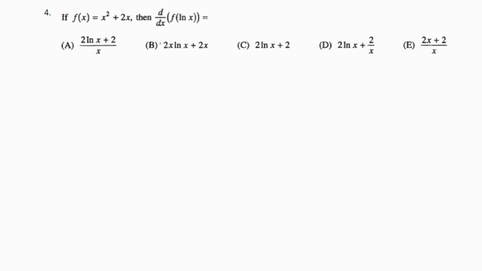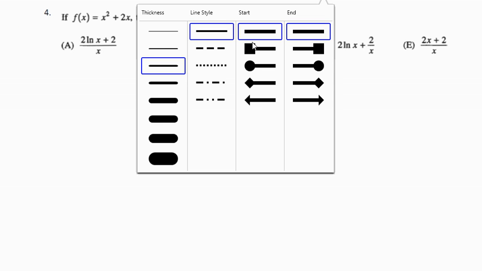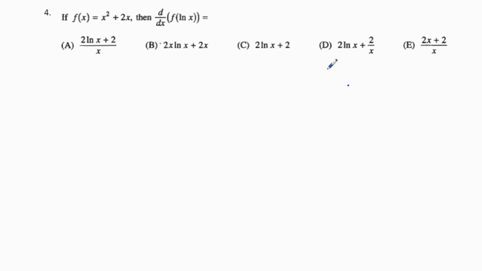Next, 4. And on 4, we had only 40% of the original test takers get this one correct. I had a little more trouble with this one than I did with 5. This is a composition of functions. In a composition of functions, you take this f of ln x, and we're going to take this ln x and plug it in every place we see an x here.